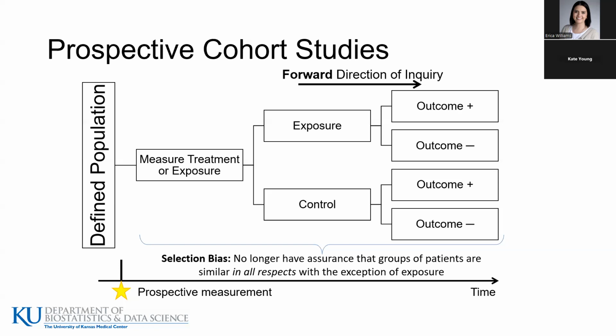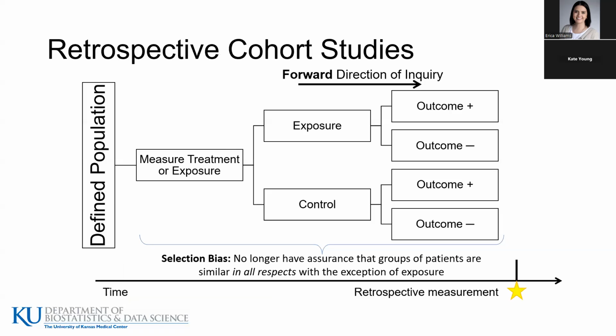And so it may look like there was an effect of the treatment when actually the observed treatment effect may be due to the types of patients that were actually treated.